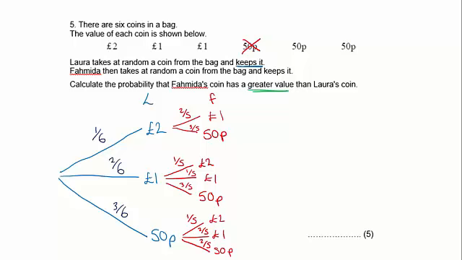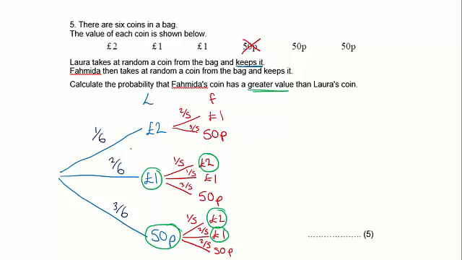If Laura picks out a £1 coin, then Famida would need to pick out a £2 coin in order to have a greater value. If Laura picks out a 50p, then if Famida gets either a £1 or a £2 coin, then she's going to have a greater value. Okay, so there's 3 different ways in which Famida will have a coin of a greater value than Laura.